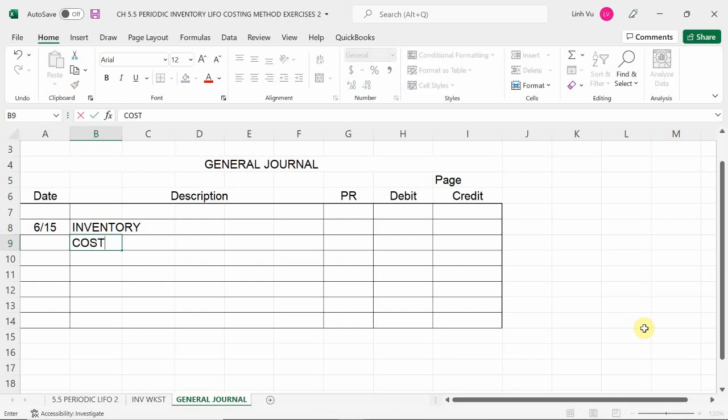Cost of goods sold, right? Because at the end of the day, we end up selling some units along the way. What else do we need to recognize? Purchase and freight expenses. Correct, because what is this entry telling us to do?